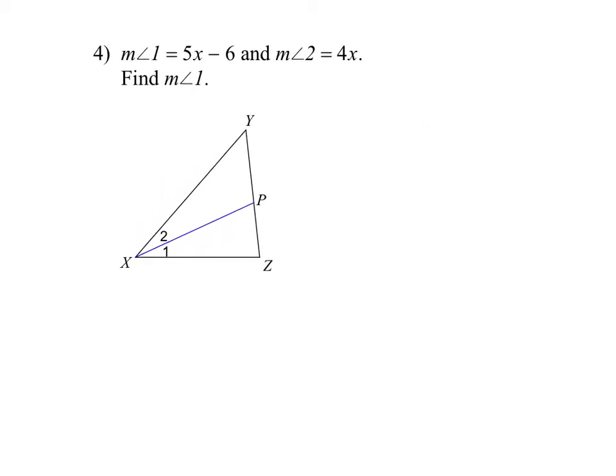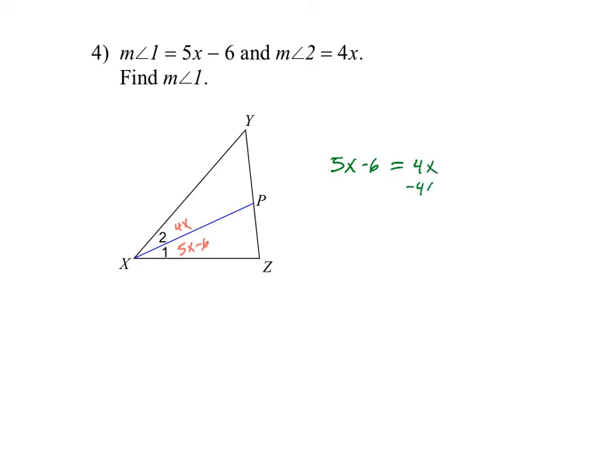Now I want to find angle 1. I know that this one is 5x minus 6, and angle 2 is 4x. To find angle 1, I need to first find the value of x. Because this is a bisector, it divides the angle into congruent angles, so the measures are equal to each other.